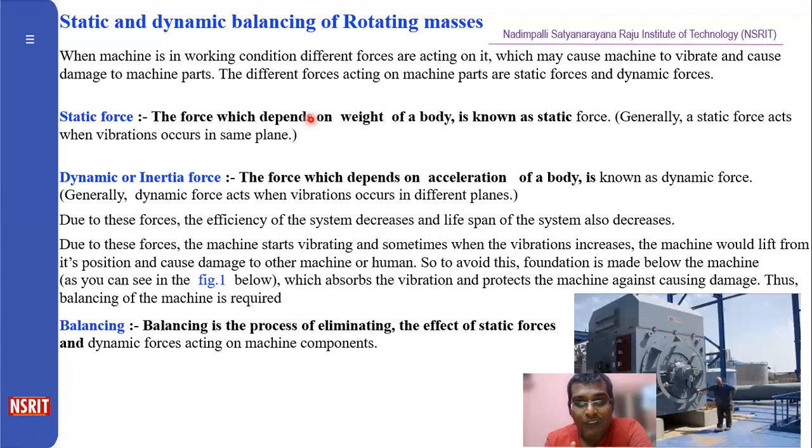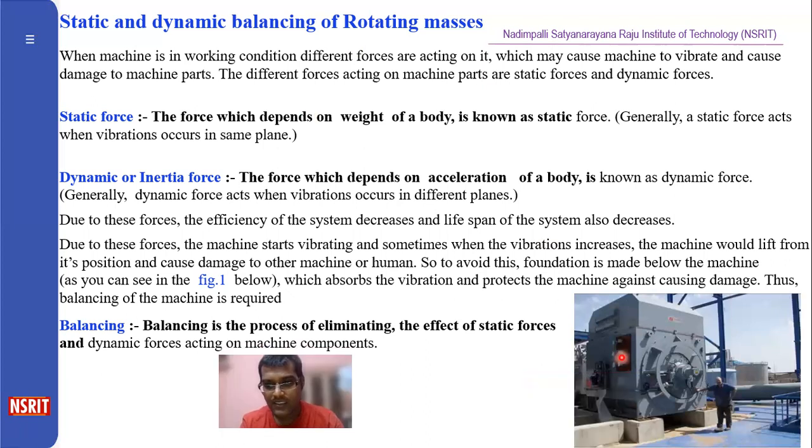To avoid this, a foundation is made below the machine, as you can see in this figure. As shown in the figure, the foundation absorbs the vibration and protects the machine against damage.